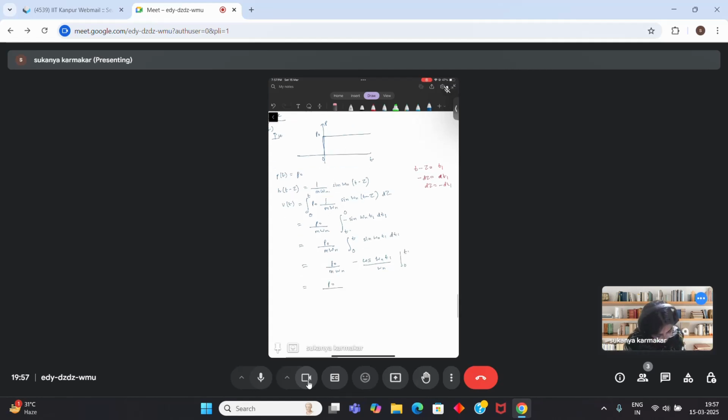So P naught by m omega n square, with the upper limit cos of omega n t, keeping the minus sign outside, and cos 0 is 1.